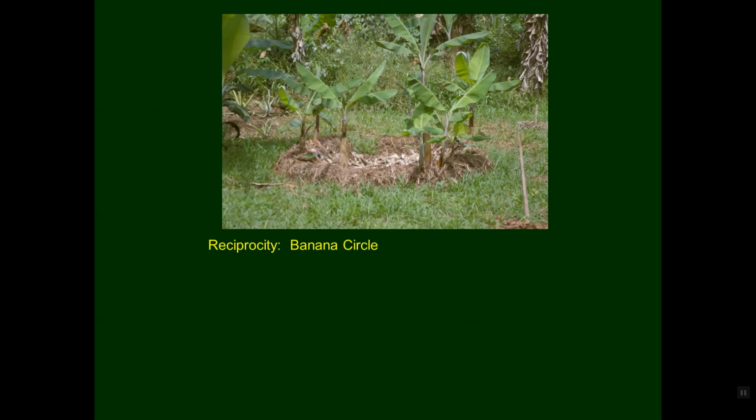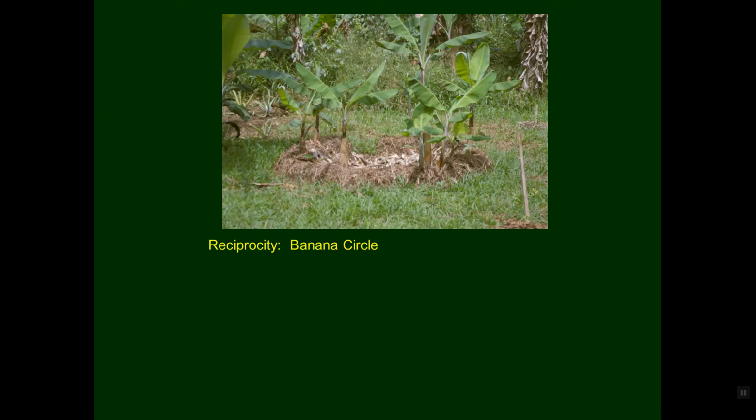Here's an example of reciprocity. Back to the banana circle that I talked about in the last lecture. The bananas are growing right by the green waste and the place where the water goes down in the hole in the center. So they're getting their water and they're getting their nutrients more readily available from this configuration of a banana circle.